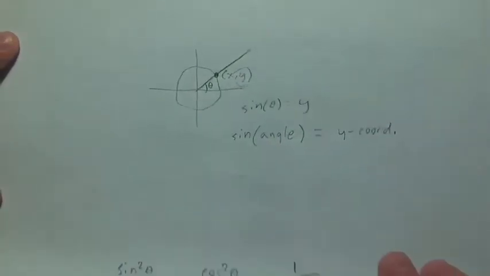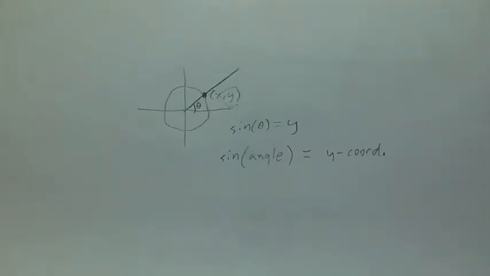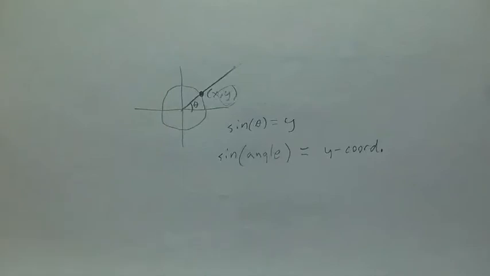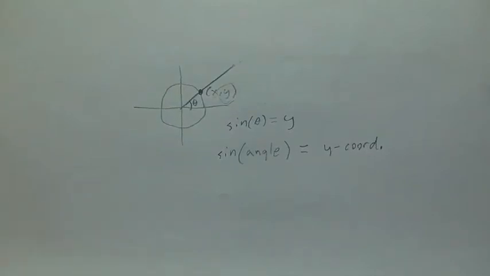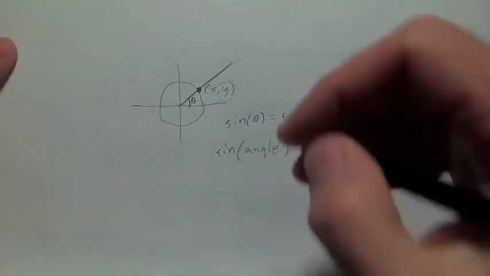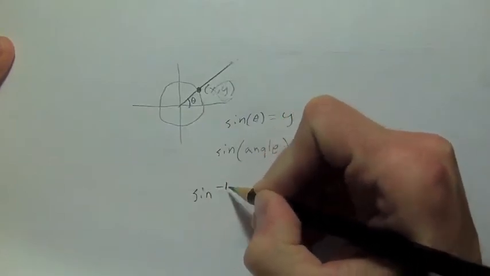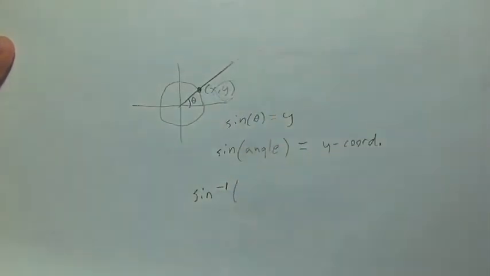So we give sine an angle, and it says, here's the y coordinate that you would get with that angle. Okay. Sine inverse, on the other hand, which is to the power of -1, and I don't really like that notation, but it goes backwards.